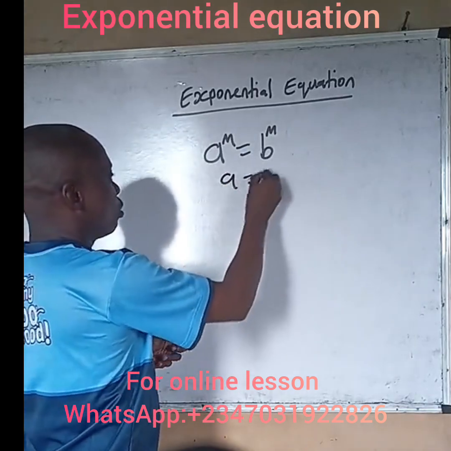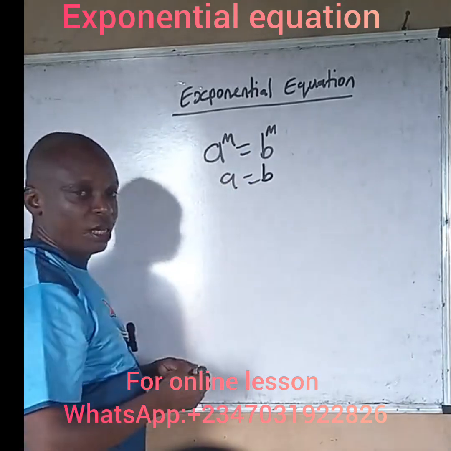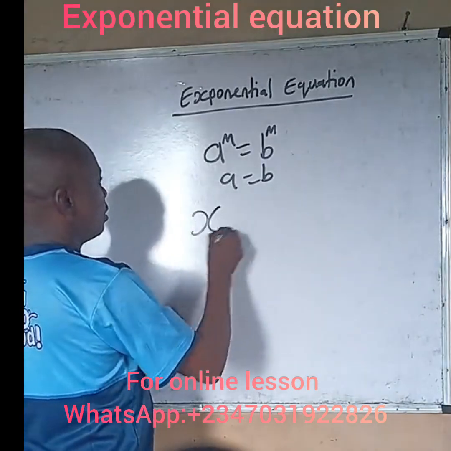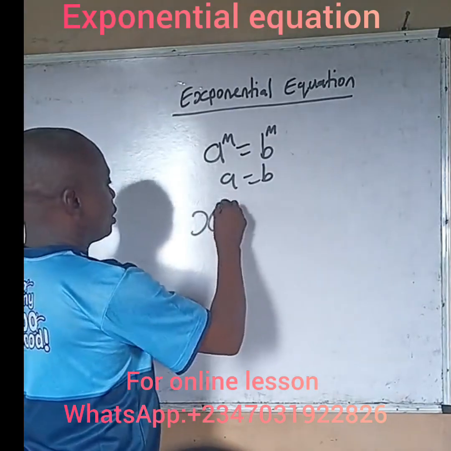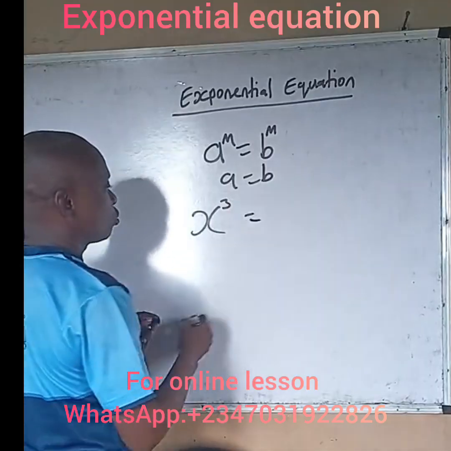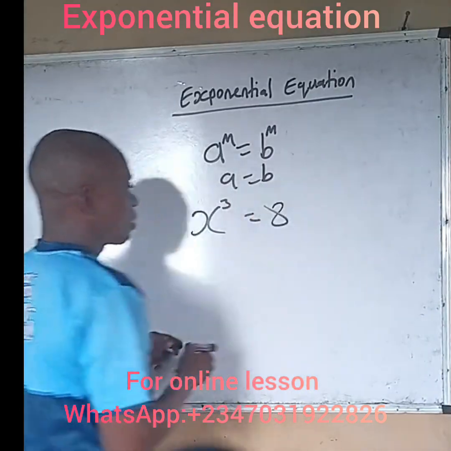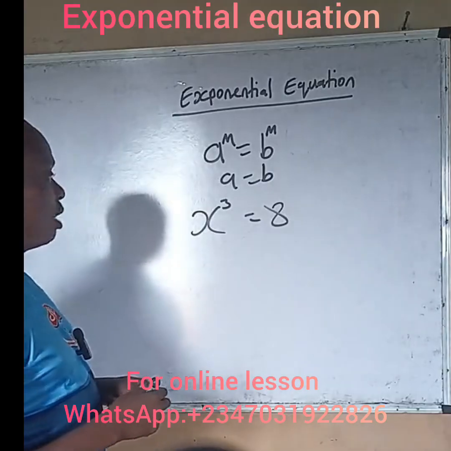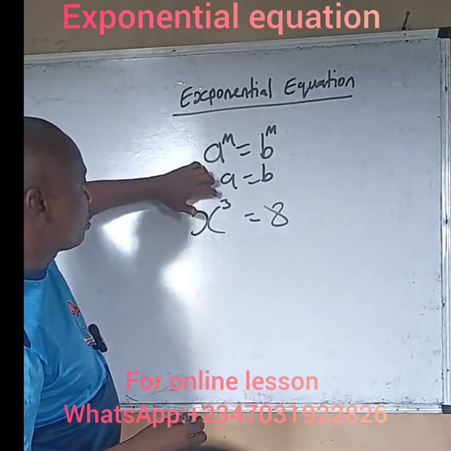So our answer will be a equals b. For instance, let's say I have x raised to power 3, and this is equal to 8. Now we're asked to find x. All I need to do is notice that I have the power of 3 here.